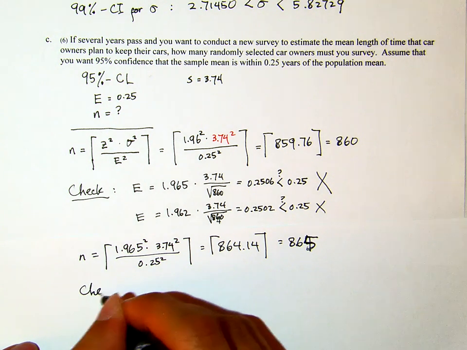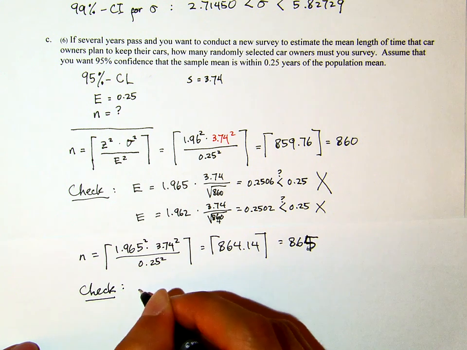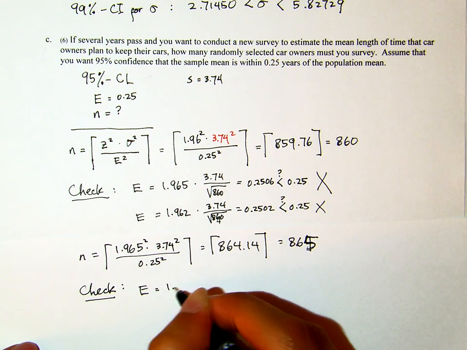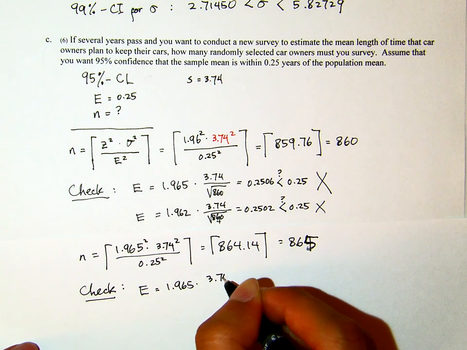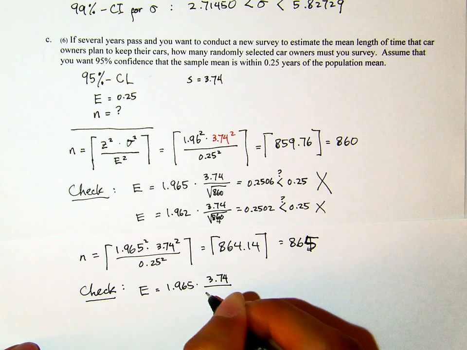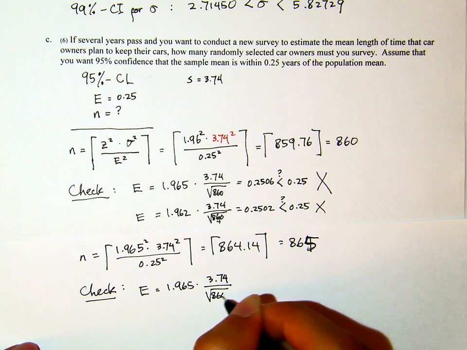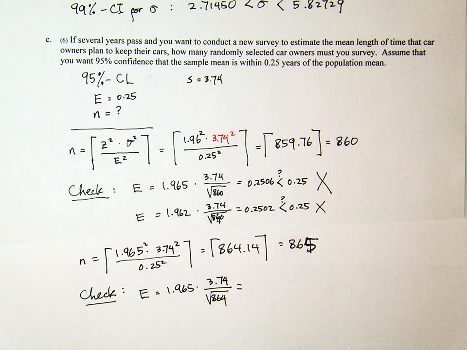Let's check. E equals 1.965 times 3.74 over the square root of 864. Actually, 1.965 times 3.74 divided by the square root of 865.